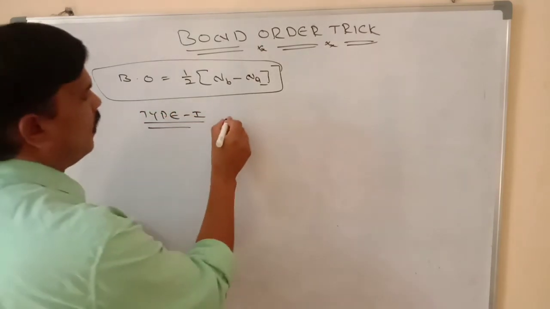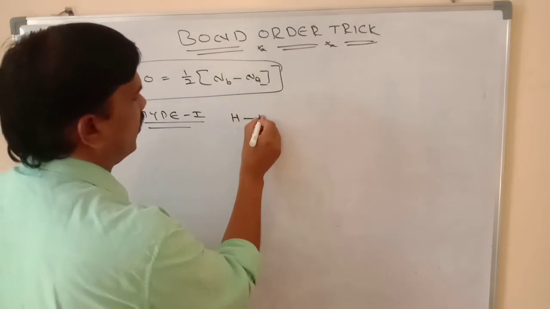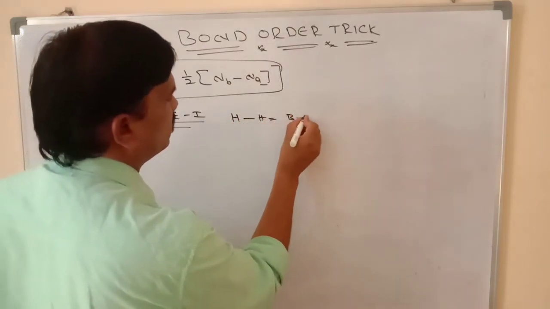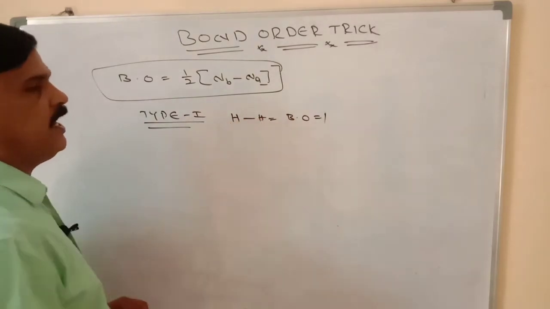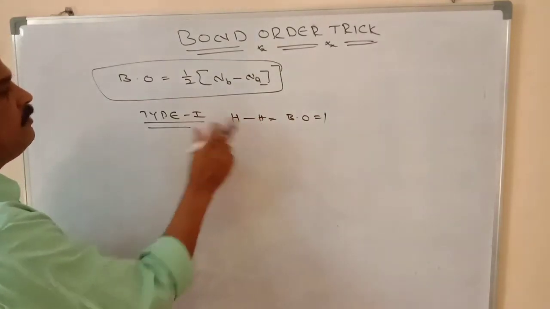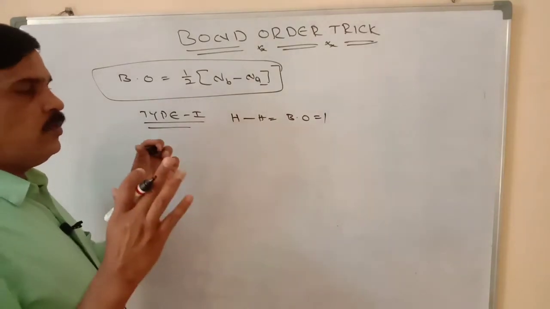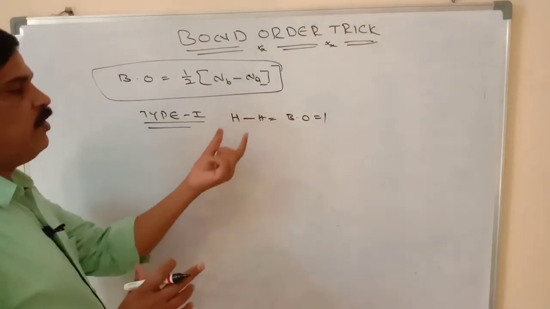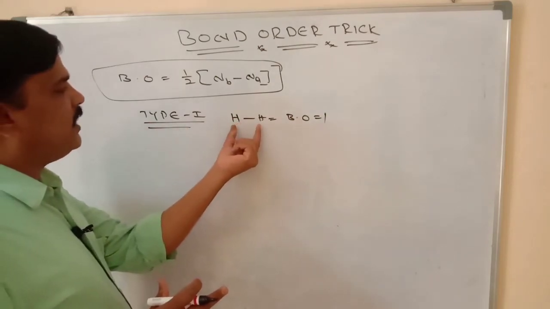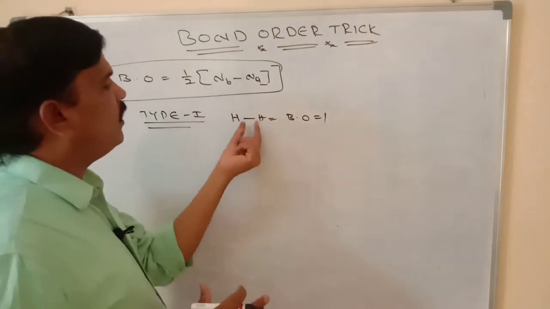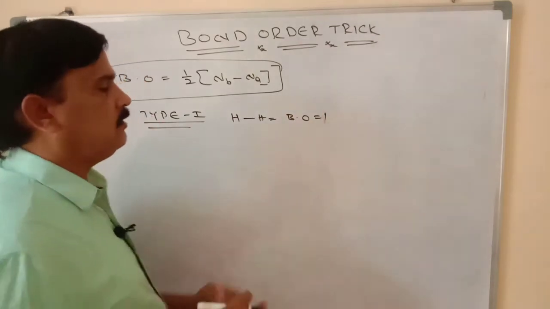For example, hydrogen H–H: its bond order is 1, the number of bonds between hydrogen and hydrogen. So bond order means the number of bonds between two atoms. For the type 1 trick, H2 has one bond, so its bond order is 1.